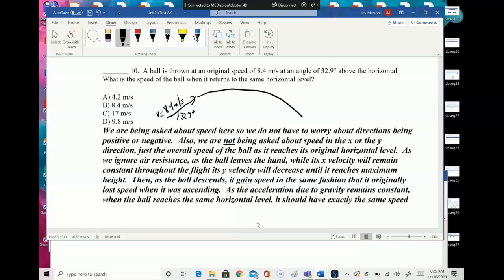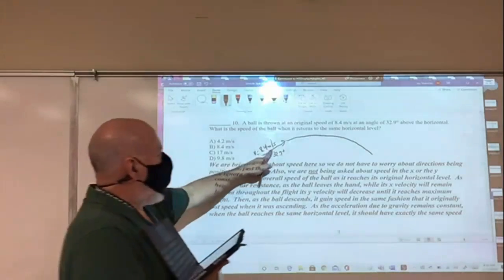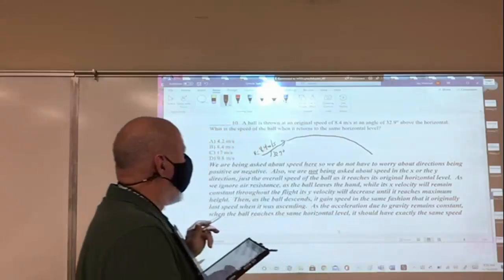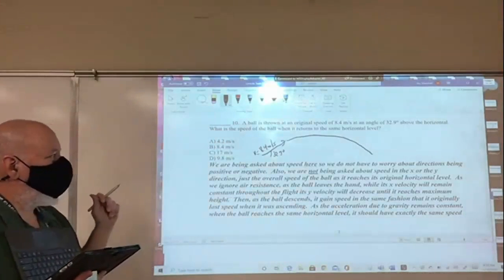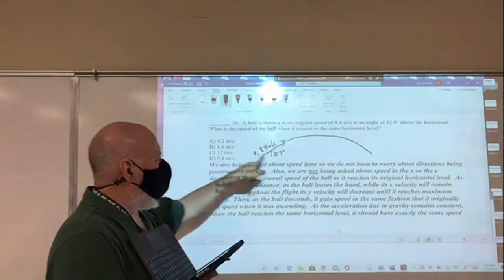Okay, now notice I said what's the speed, not what's the velocity. When it returns to that same spot, when it hits the ground at that same horizontal level, what's its speed going to be? It's going to be the same, right? However fast I threw it there, that's how fast it's going to hit the ground. But the velocity would be negative 8.4, wouldn't it?